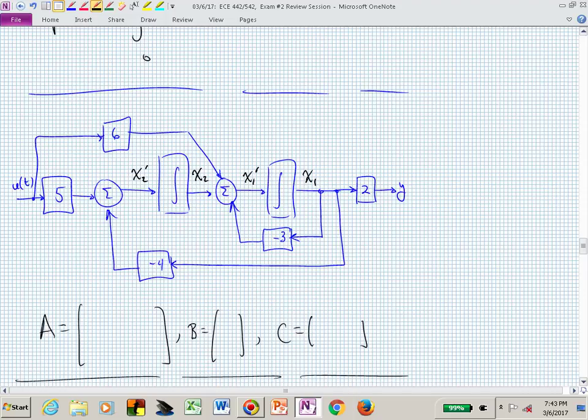Maybe we do start with C, the output matrix. How much of x1 is added in to create y? How much linear combination of x1 is needed to build y? You see y is 2x1 and it has no x2. This output matrix is now 2, 0.